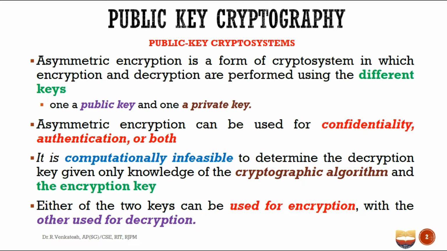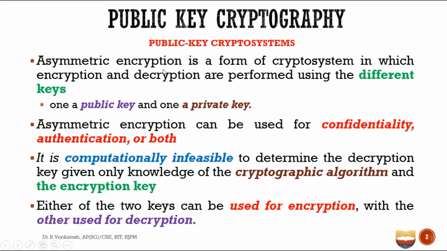In key distribution, symmetric encryption requires either of the following: the two communicants already share a key which somehow has been distributed to them, or they can use a key distribution center to share a key. So in symmetric encryption, both users share the same key.